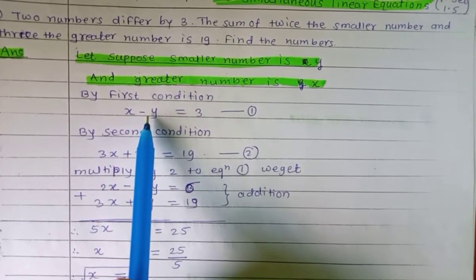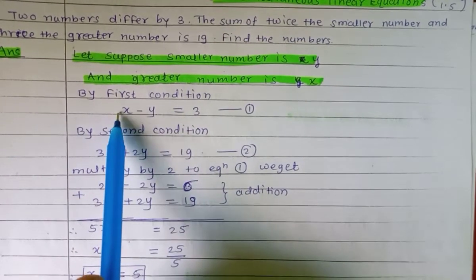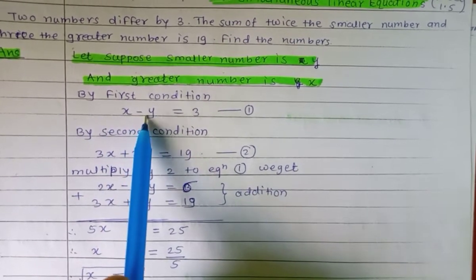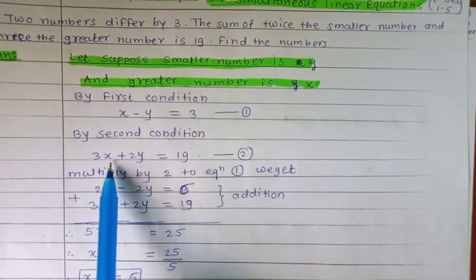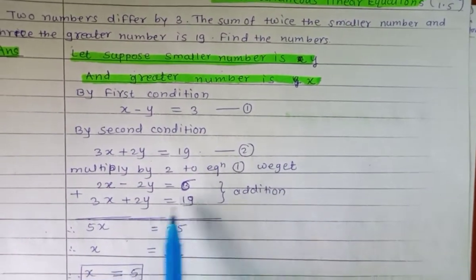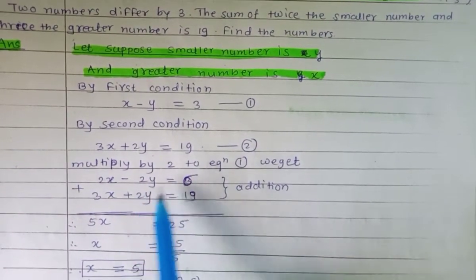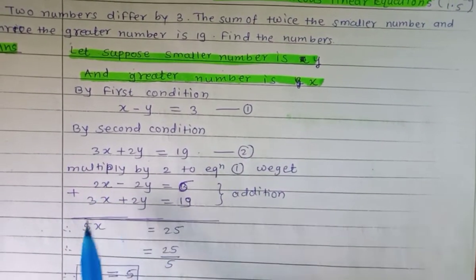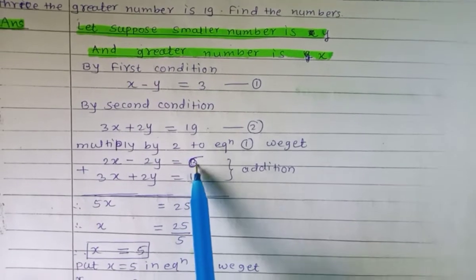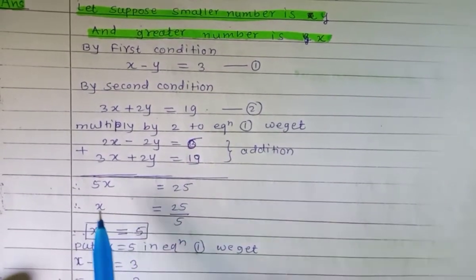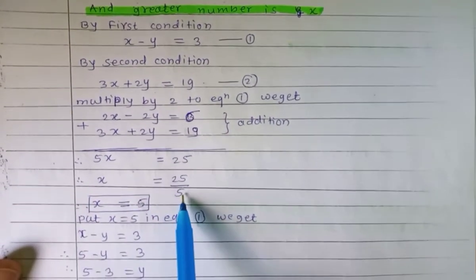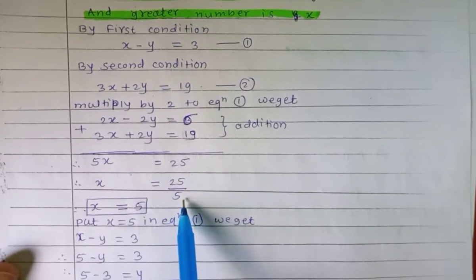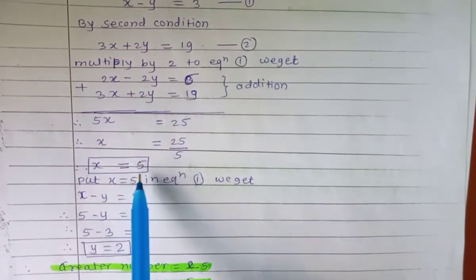Therefore it becomes 2x minus 2y equals 6, and the other equation is 3x plus 2y equals 19. Here minus 2y plus 2y, so make the addition, 2y gets cancelled. 3x plus 2x equals 5x, 19 plus 6 is 25, therefore 5x equals 25, so x equals 25 divided by 5, therefore x equals 5.